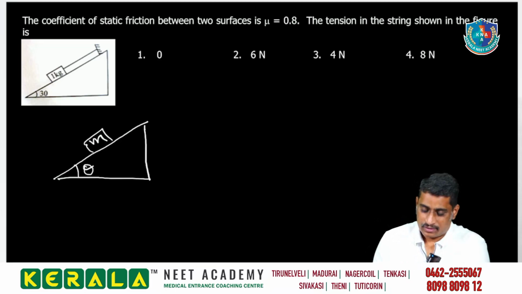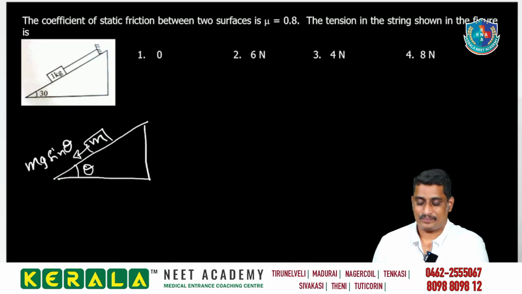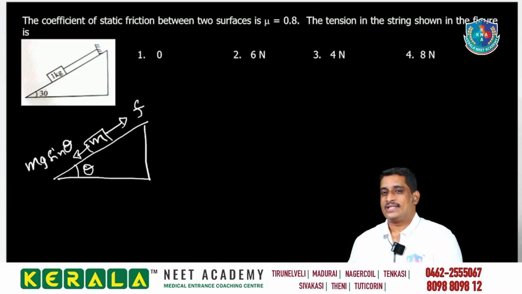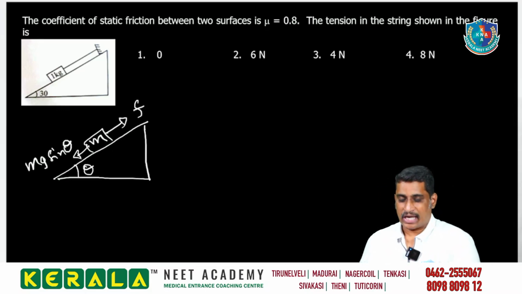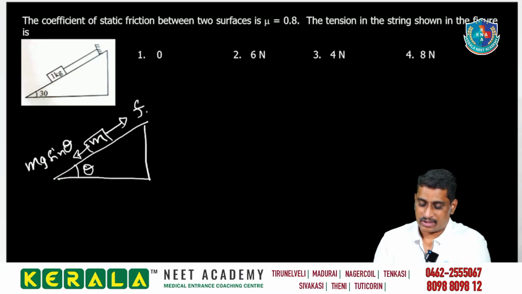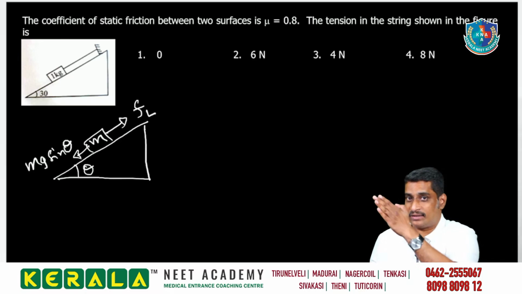Down the plane, the force acting over the block is nothing but mg sin theta. Up the plane, friction force will act. If mg sin theta dominates over the maximum available friction, nothing but limiting friction, then only that block can slide down the plane.